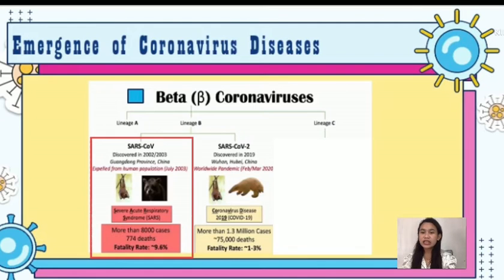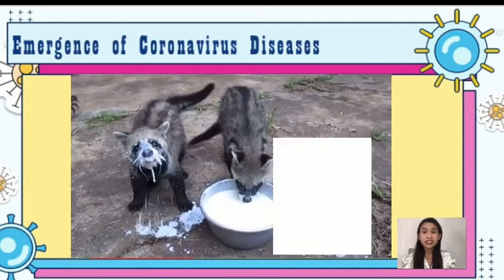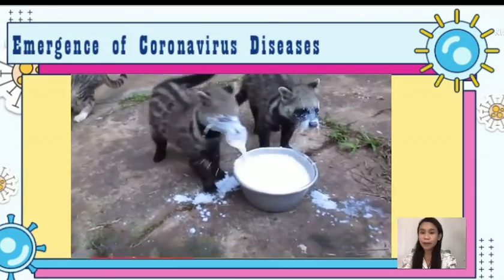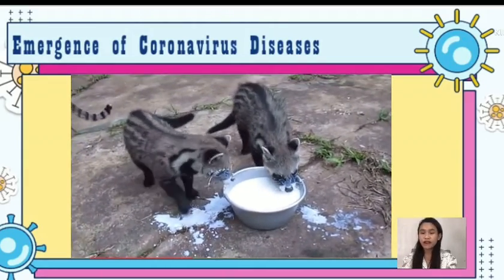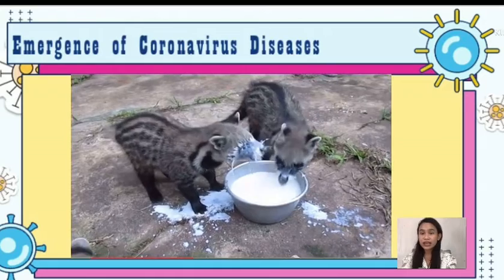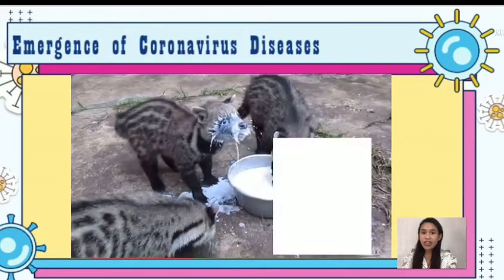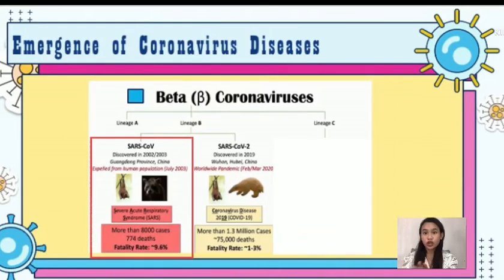What is believed to have happened here is that the virus spread from a bat to a civet. If you don't know, this animal is a small mammal native to tropical Asia and Africa. It actually looks like a cat, but it's not a cat. Then from the civet to the human.